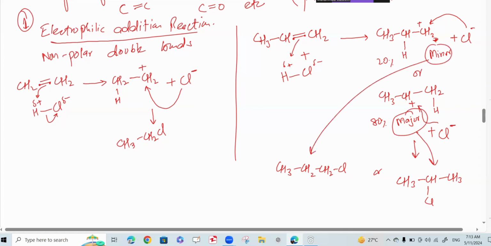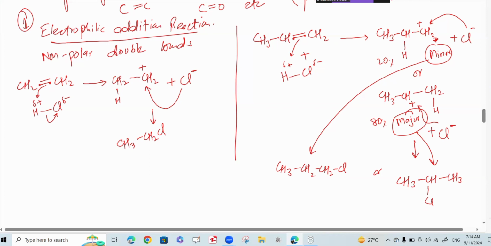Okay. So this is the case of an asymmetrical alkene. When we have an asymmetrical alkene, there definitely takes place an electrophilic addition reaction, but that is not a simple electrophilic addition reaction. That is some different type of electrophilic addition reaction, and in that there are two major products.